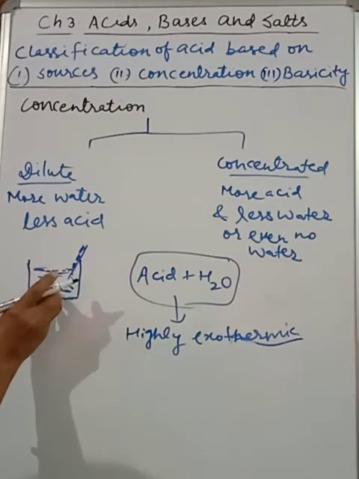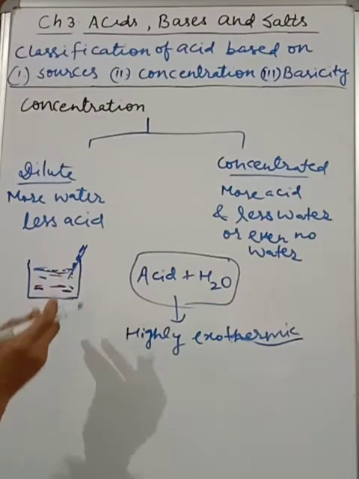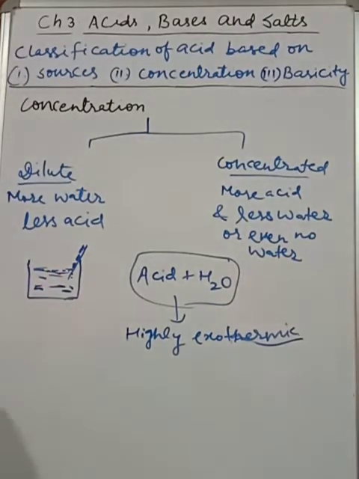Otherwise, if you take acid and add water to it, a high amount of heat energy will be liberated, which can cause splashing out of the mixture on your body parts, and which can be fatal. So now I think you must have understood how dilution of acid can be done in the laboratory.